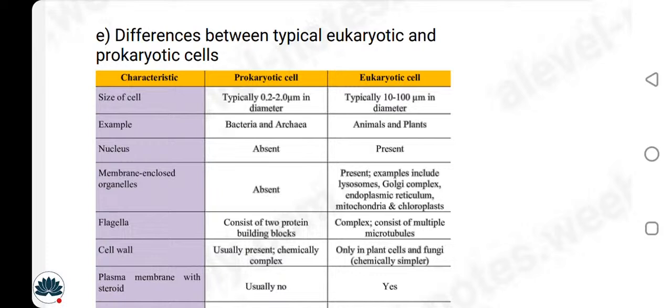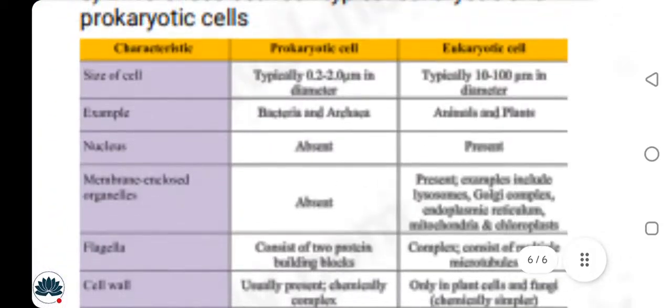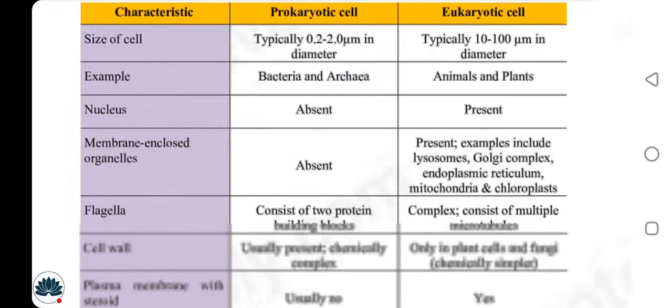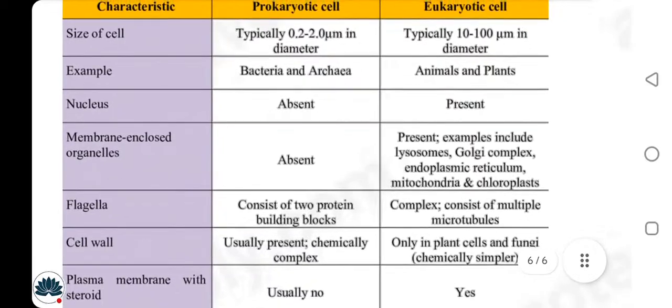The nucleus is absent in prokaryotic cells and present in eukaryotic cells. Flagella in prokaryotic cells consist of two protein building blocks, while in eukaryotic cells the flagella are complex and consist of multiple microtubules.